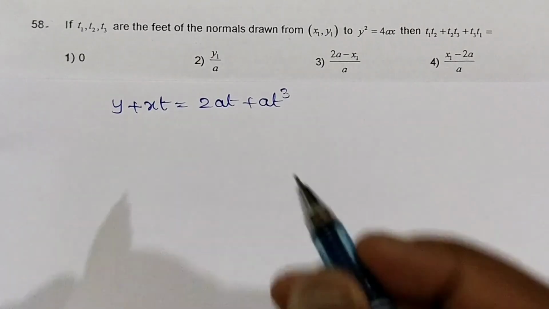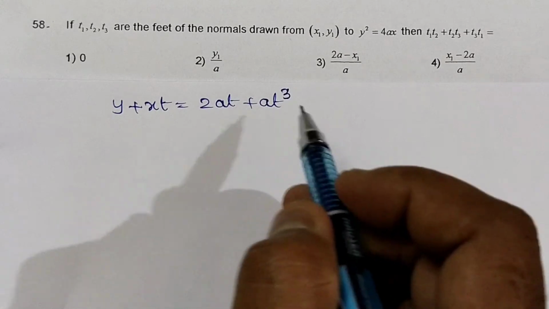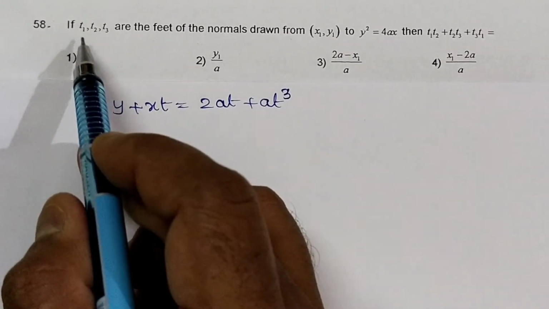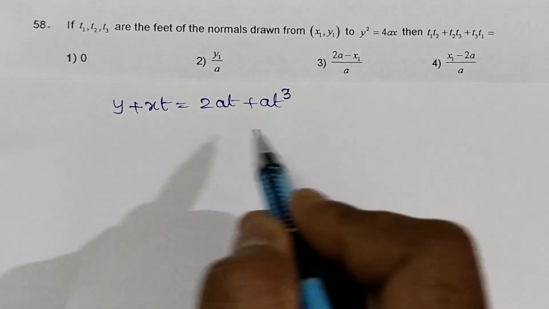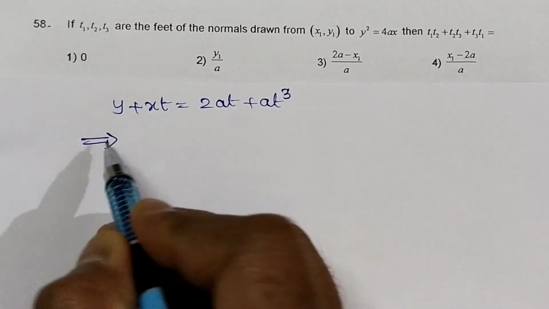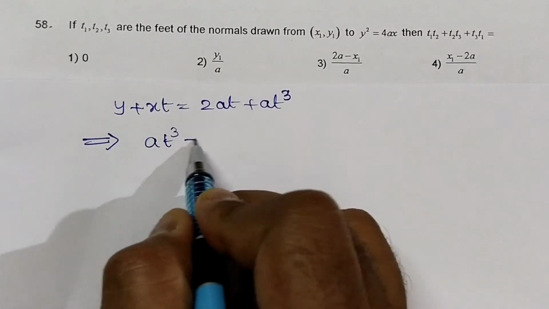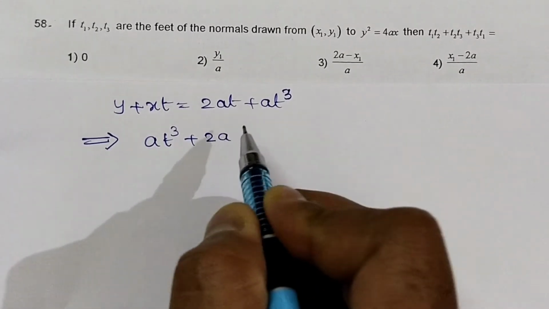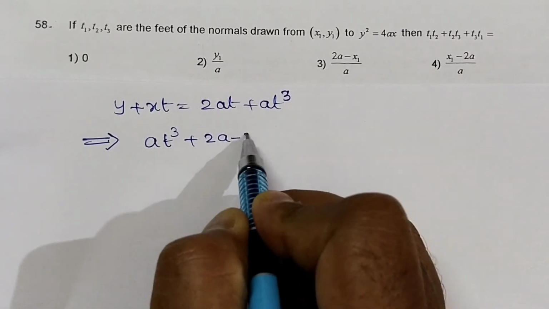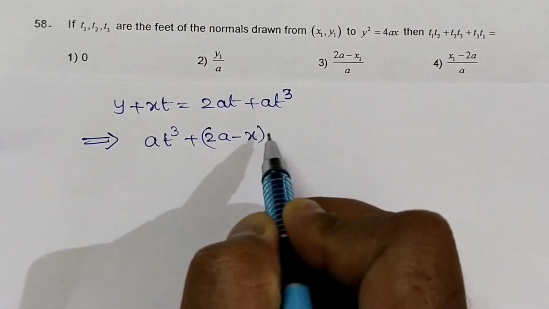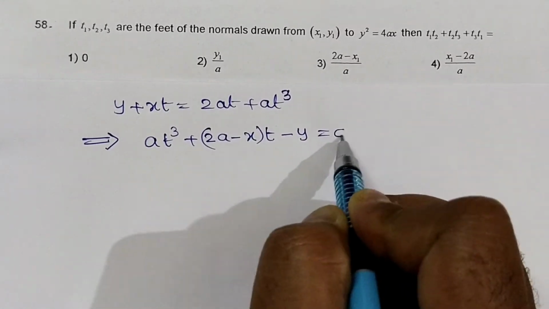It is a cubic equation in terms of t, so it has three roots, t1, t2, t3 respectively. Here I am writing in order: at³ plus 2at minus xt, taking xt to this side, minus y equal to 0.